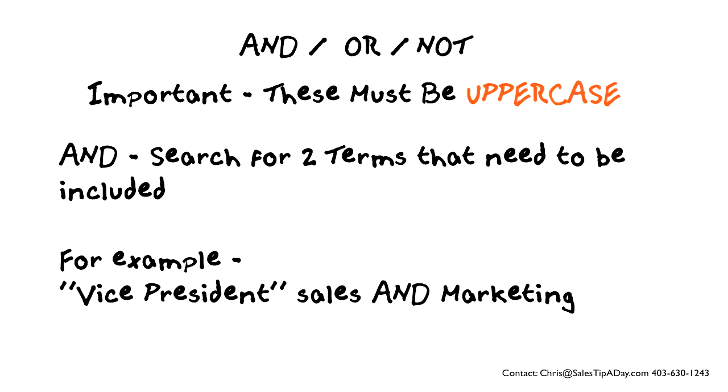When you're using the modifier AND, it's searching for 2 terms that need to be together. So for example, I've got quotations around vice president saying I want to find vice presidents of sales and marketing. So it's going to bring back results for people that are vice presidents of sales and marketing.